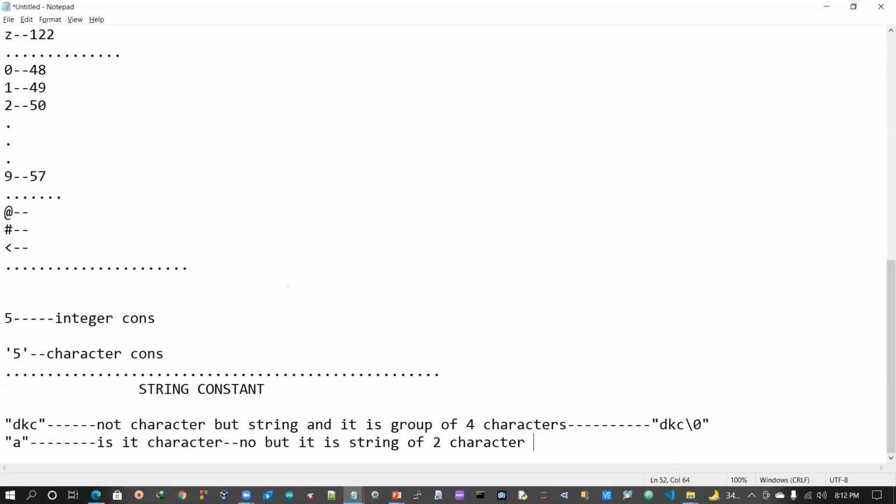One is A, and the second is what? Null character. Now, first, you understand this one or not?